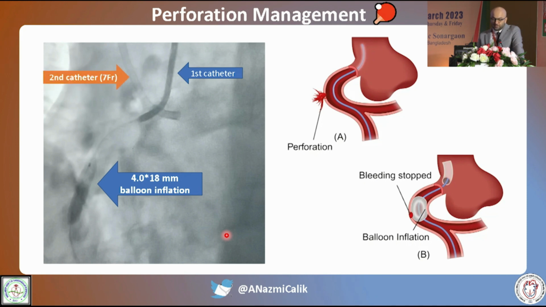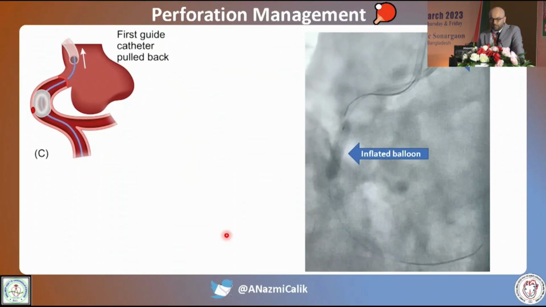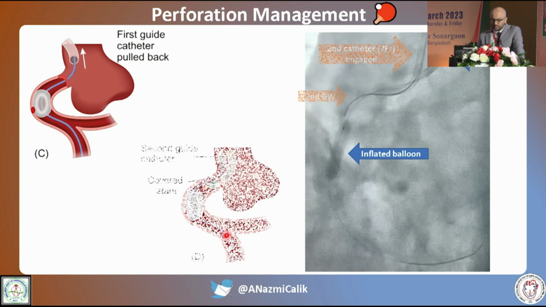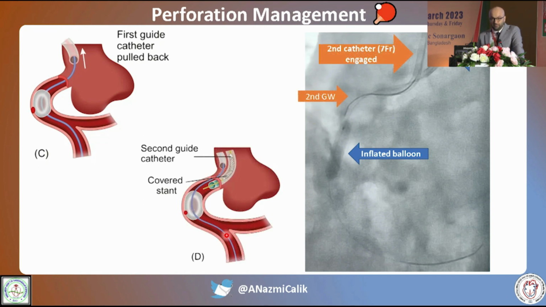After inflating the balloon at the perforation site, we made a second access from another arterial access and advanced the second guiding catheter. The second move in this technique is moving back to the first catheter and engaging the second catheter to the RCA, advancing the guide wire just proximal to the inflated balloon.